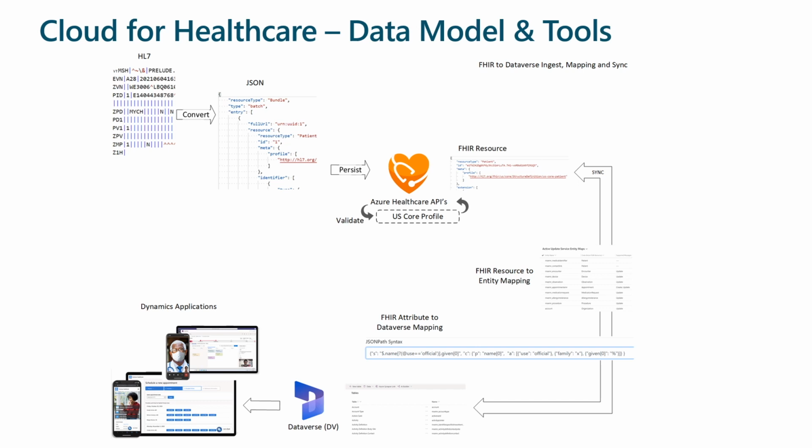So in short, the FHIR Sync Agent is responsible for the transformation of data from Azure API for FHIR to Dataverse and back from Dataverse to Azure API for FHIR. So the key part of this Sync Agent is to define these maps correctly on the Dataverse side. So in the next section, we cover details about the Dataverse mappings.